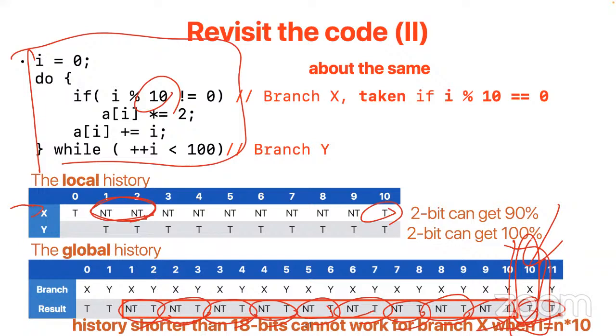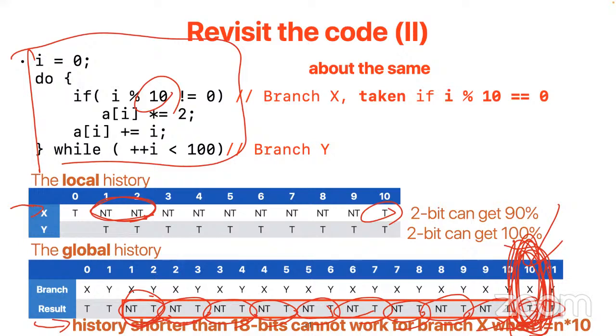Or if you have a history like this, where the 2-bit history looks really good, then for the global history predictor, a 2-bit or any history longer than 2-bit can make this work. However, if you say I really want to predict correctly on this one, it's impossible.